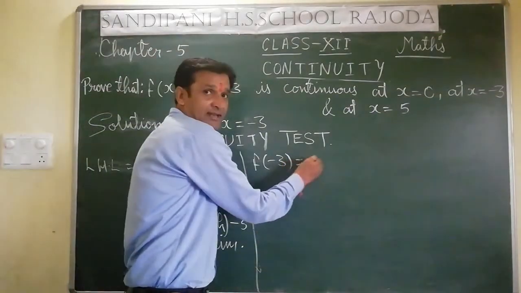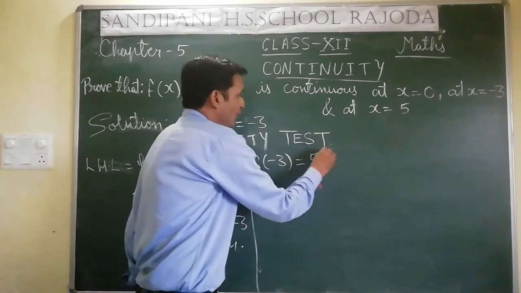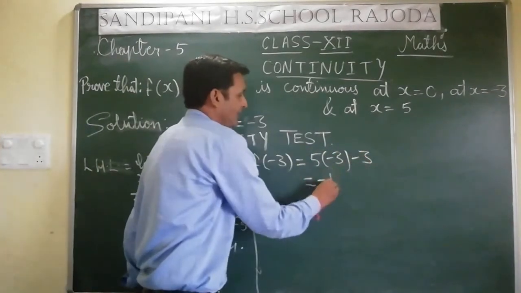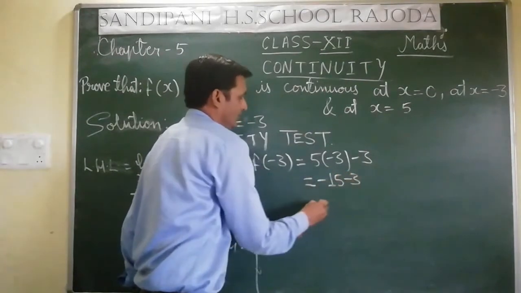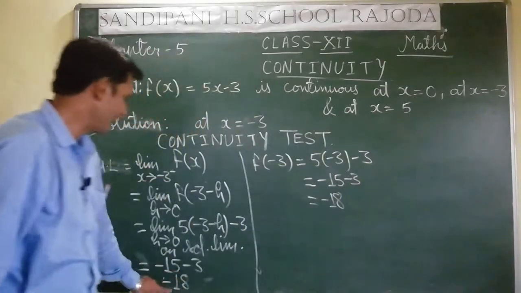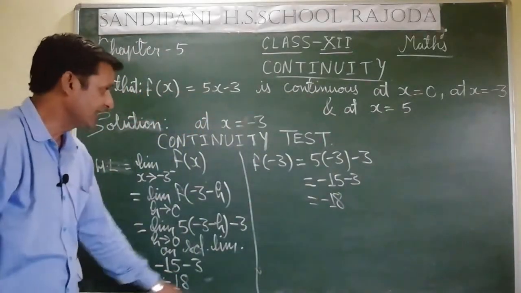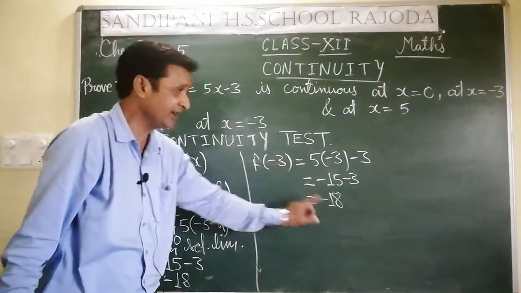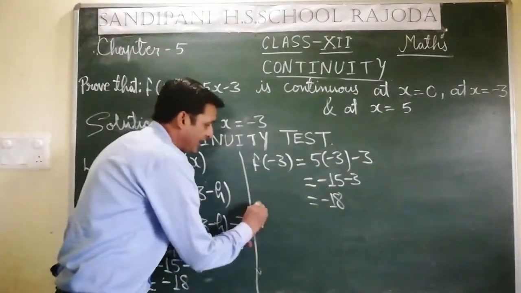So f of minus 3 is equal to 5 into minus 3 minus 3, that is equal to minus 15 minus 3, so it is equal to minus 18. Means the left hand limit is minus 18, and f of minus 3 is also minus 18. Now we have to find RHL.